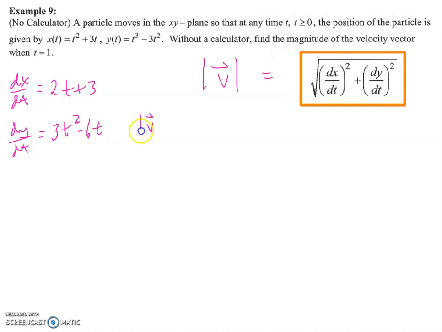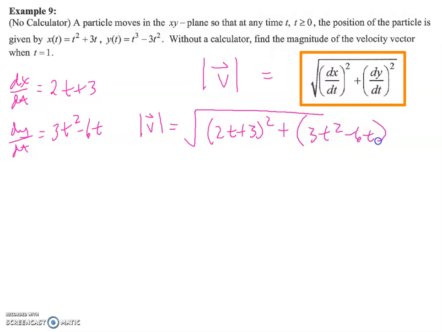I've got the absolute value of the velocity vector is equal to the square root. I'm going to plug in my dx dt, so I've got 2t plus 3 squared plus plug in my dy dt, 3t squared minus 6t squared. And it's asking at t equaling 1. So we're just going to plug in a value of t equaling 1.